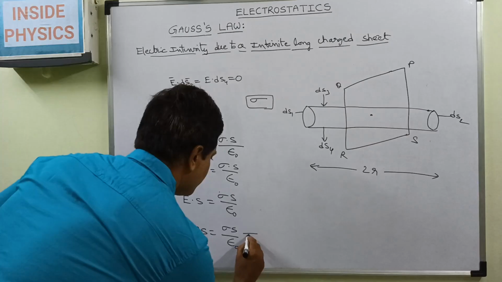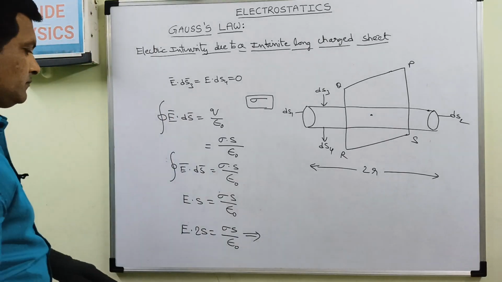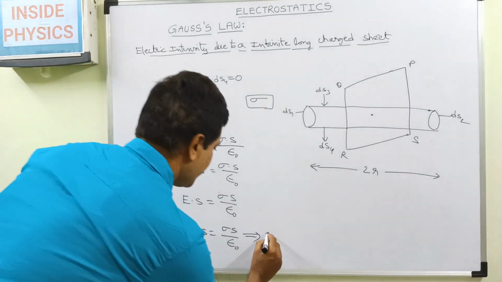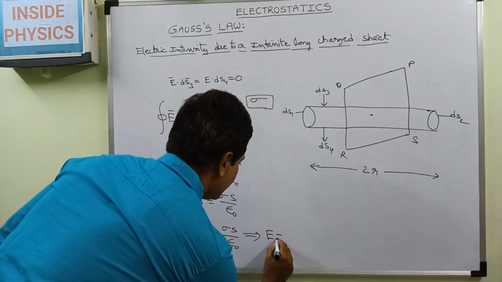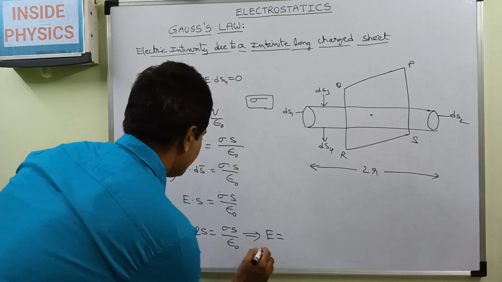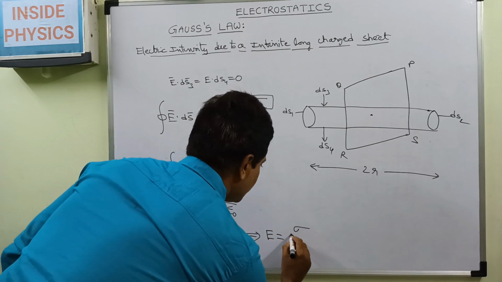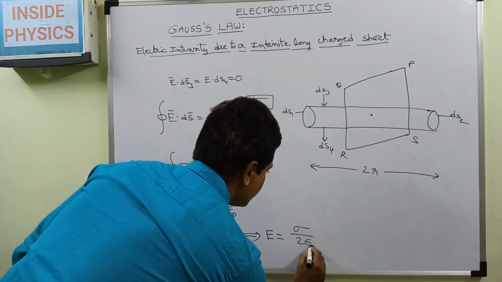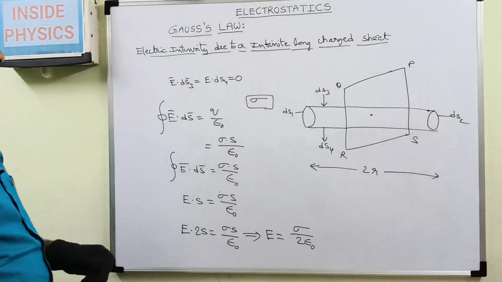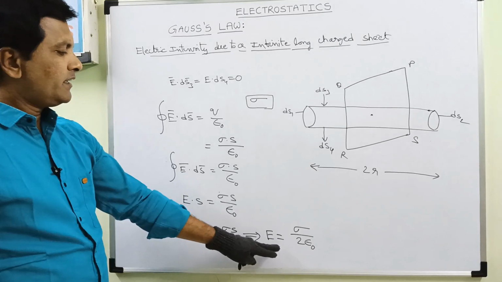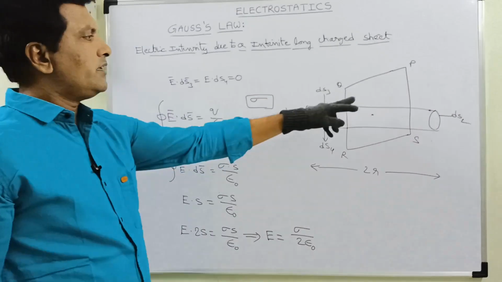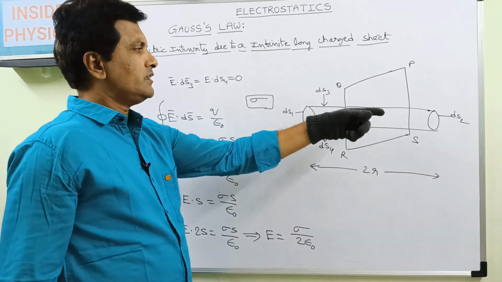That implies E, the electric intensity, will become sigma by 2 epsilon naught, as s gets cancelled. This is the electric intensity due to an infinite long charged sheet.